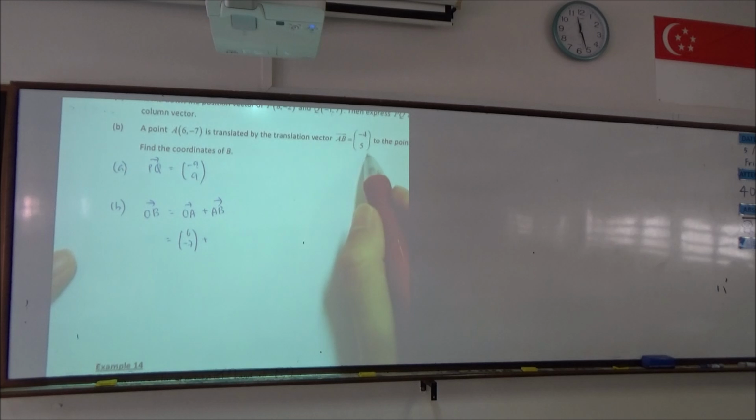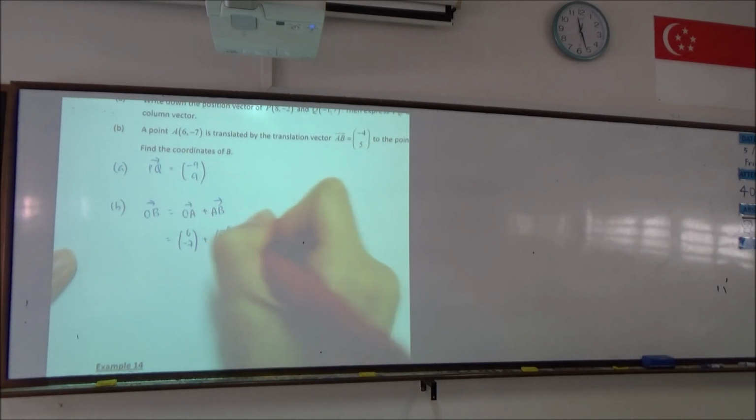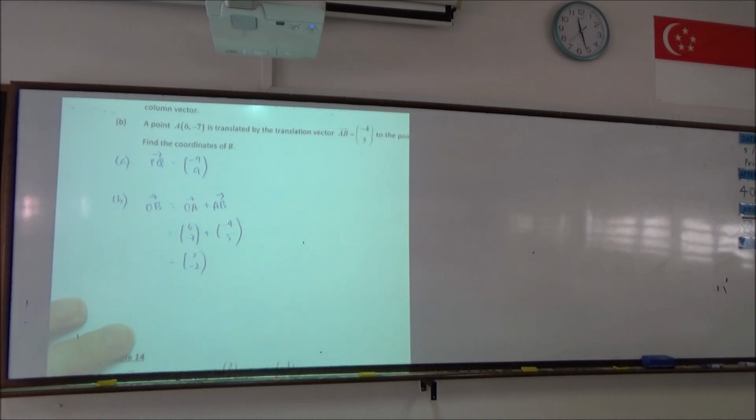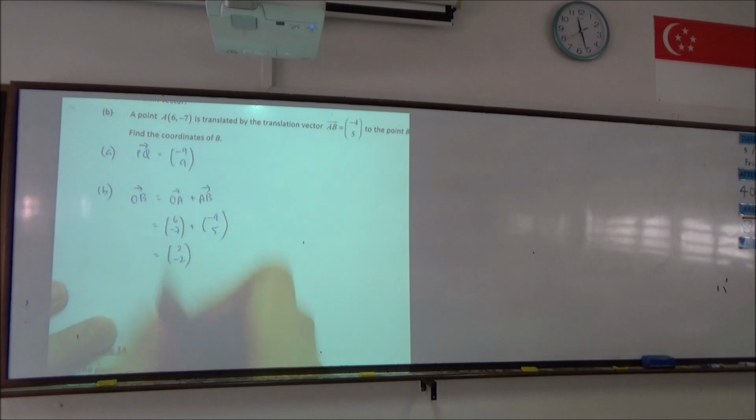And AB is given to be negative 4, 5. Therefore, the answer would be 2, negative 2. The question wants the coordinates of B, so it should be 2, negative 2 written in coordinates form.